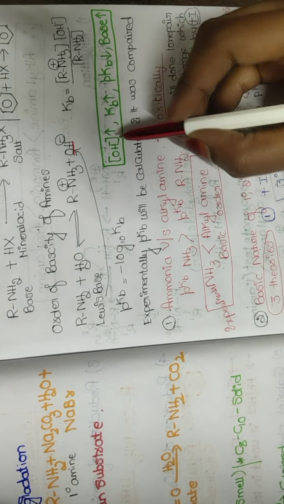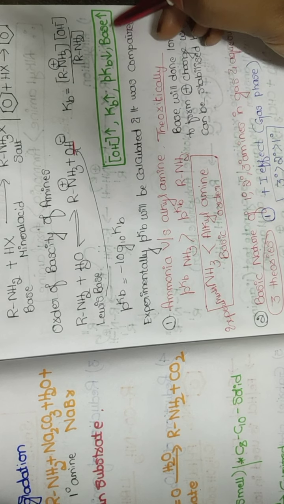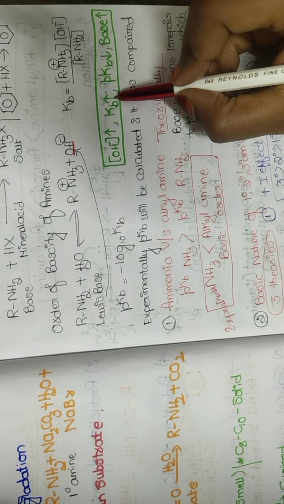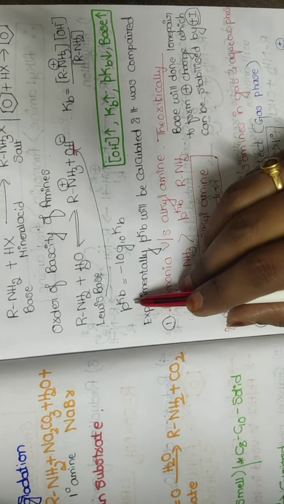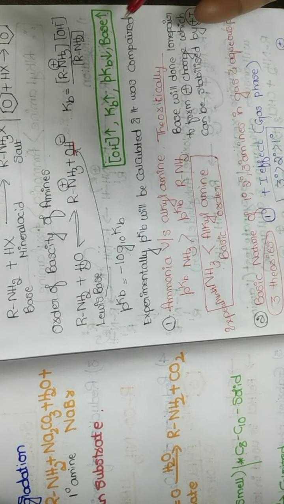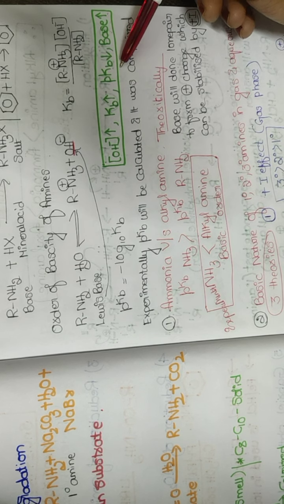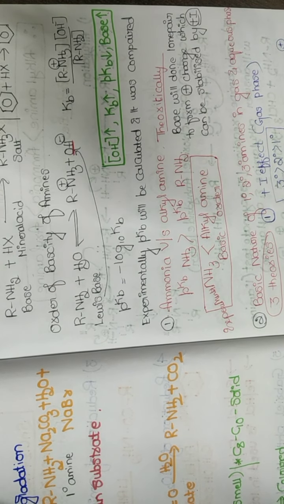Higher the hydroxyl ion, higher the basic character, so the base strength will be more. So a higher Kb value means the base strength will also increase. And how are Kb and pKb related to each other? They are inversely proportional. Therefore, higher the Kb value, lower should be the pKb value. Only then can we assign the basic strength of an amine.